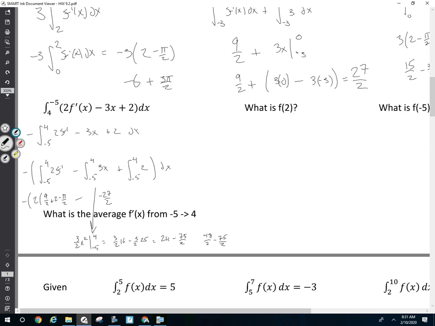And then plus. So again, you could use the fundamental theorem of calculus, but this is a rectangle with a height of 2 and a width of 9. So I think it's actually easier, instead of using the fundamental theorem of calculus, to just think of this as a straight line 2 from negative 5 to 4. And you can just use geometry to calculate this area.